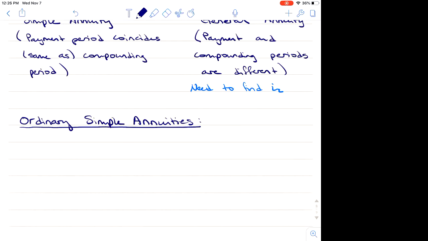And then, same idea, depending on whether we know the future value or the present value, we'll have two different formulas for finding n. It just depends on the information that we have. And then we'll talk about perpetuities, but we'll leave those. They're really fun.